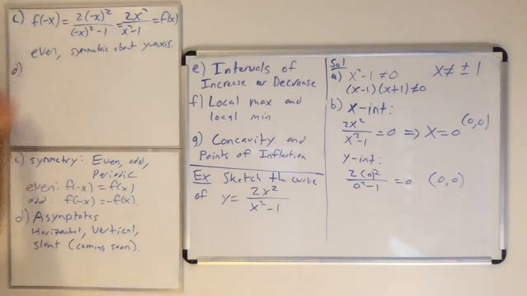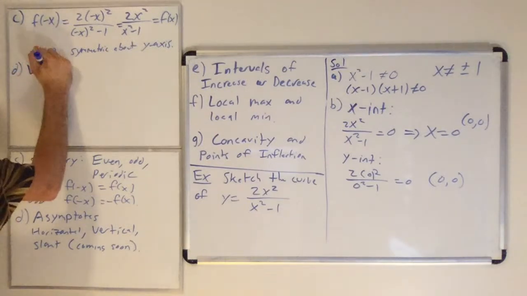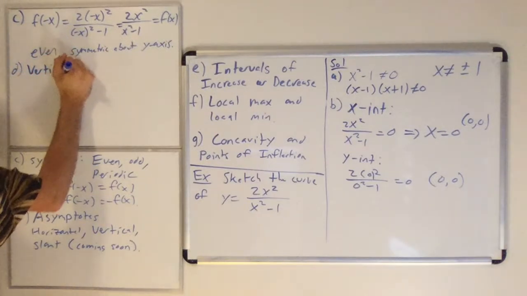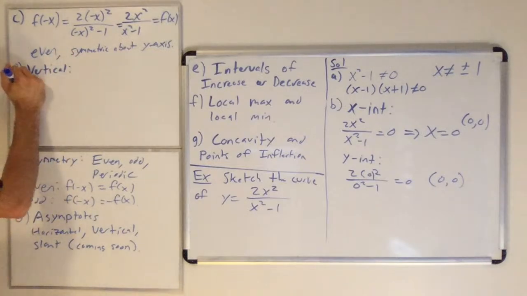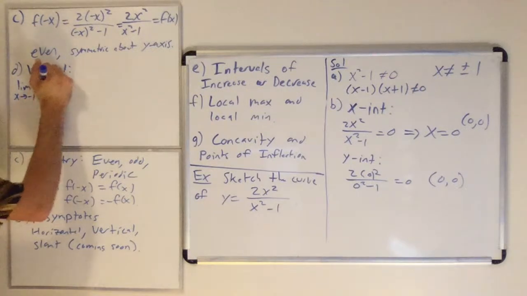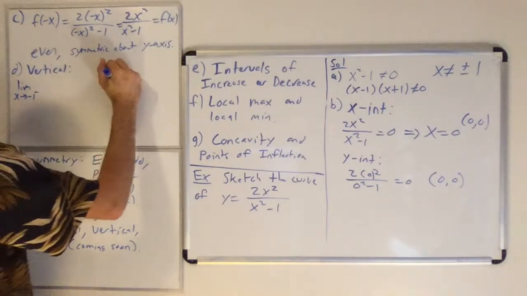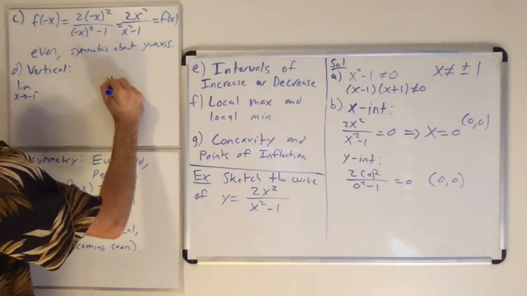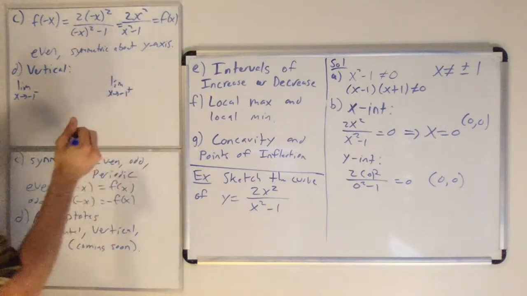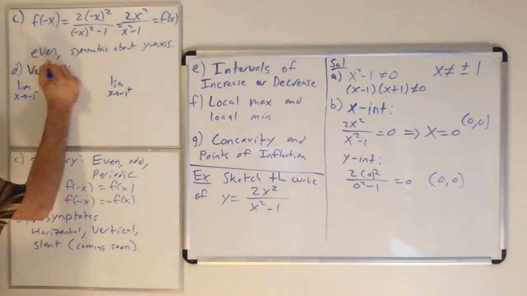Okay, D is the asymptotes. So let's start with vertical asymptotes. This is what I was going on about earlier. So we want to take the limit as x goes to -1 from the left. We want the limit as x goes to -1 from the right of our function.